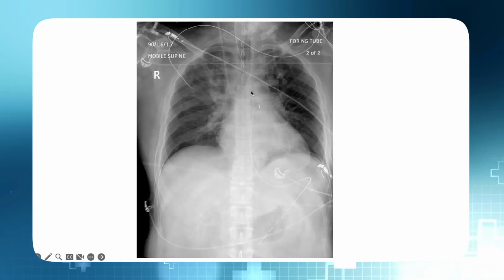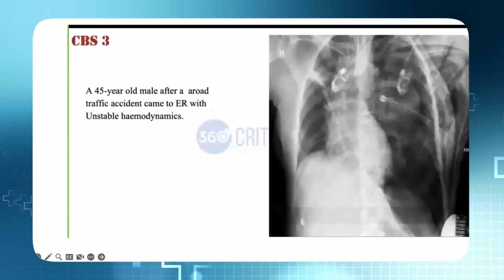Then you have seen the feeding tube, a little lower on the right. IABP, sir. IABP is there. You have to utter it. If you miss this IABP, you will not get the marks. Here is the IABP and the other ECG leads. So very carefully you will check the chest X-ray.